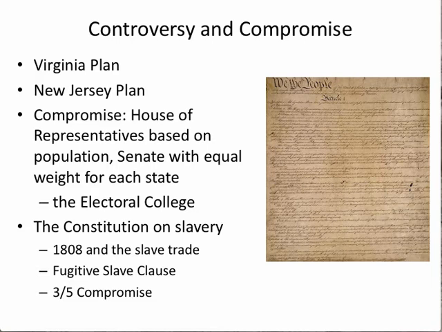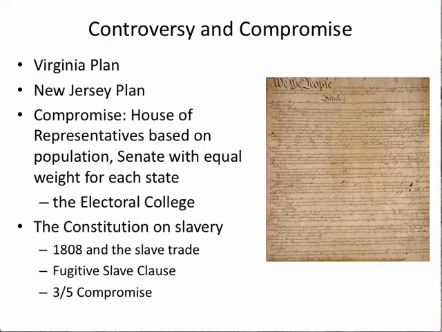Well, the compromise that was reached said that for purposes of representation, each person held to labor would be counted essentially as 3/5 of a person. So, for example, if there were 10,000 slaves in Delaware, then 6,000 would be added to the population of Delaware, 3/5 of the total number of slaves.